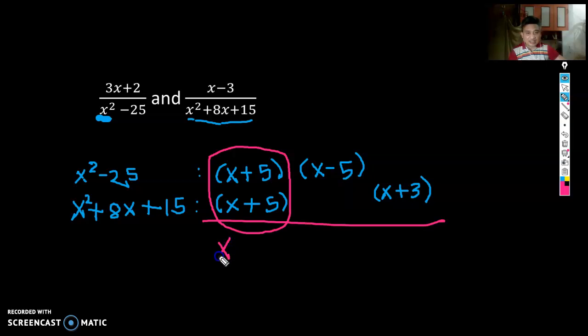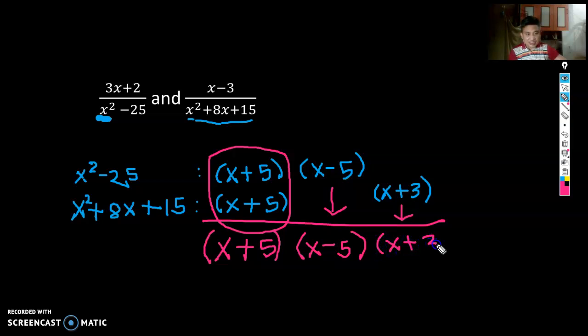So, x plus 5, counted as 1. Tapos, ito, ibaba natin, x minus 5. Tapos, ito ibaba ulit natin, x plus 3.